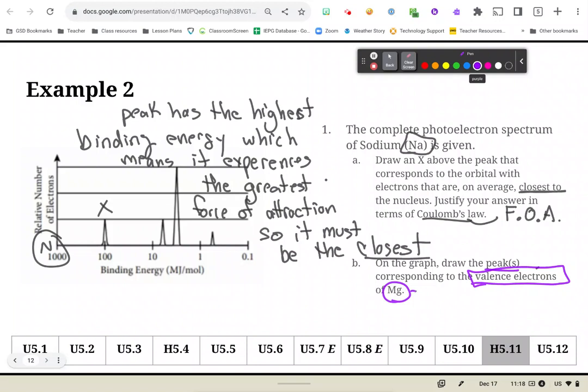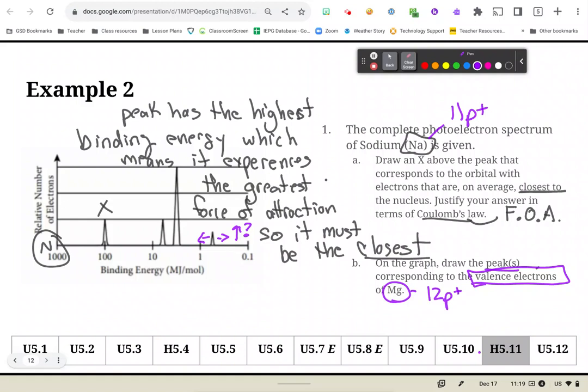It's the valence peak, so I know it's going to be the furthest one out, but now I have to decide: is it going to be to the right of the peak, to the left of the peak, and how tall is it going to be? Those are two decisions that you have to make. Sodium has 11 protons. Magnesium has 12.